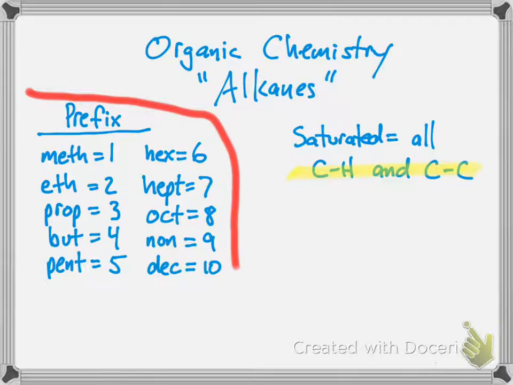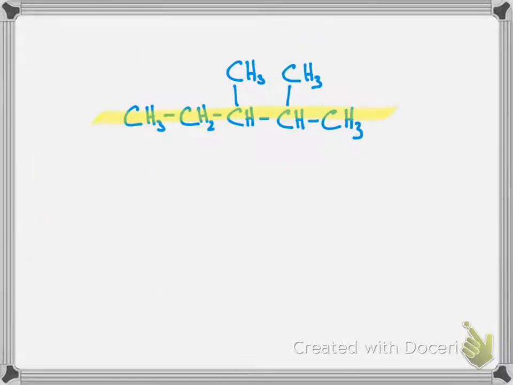We go back to our prefixes and see that the prefix for 5 is pent, describing the 5 carbons in our parent, the longest continuous chain. Because it's an alkane, alkanes will always have the suffix ane. So this is a pentane molecule.